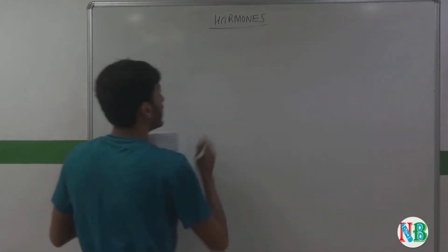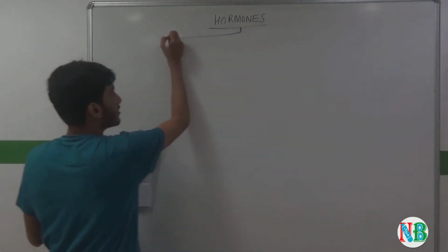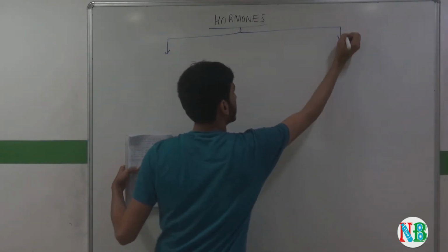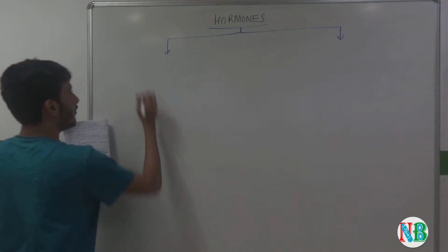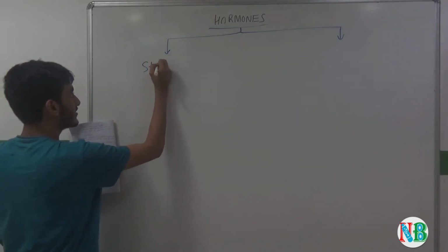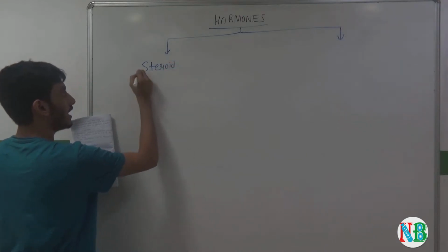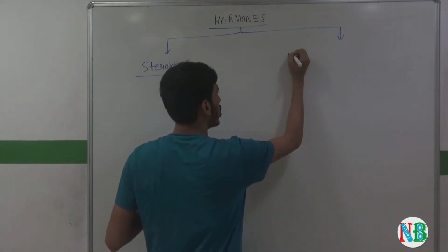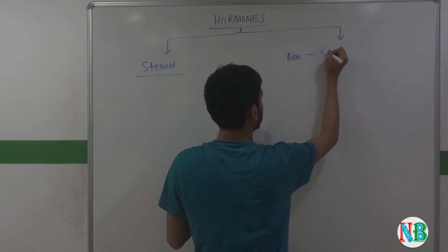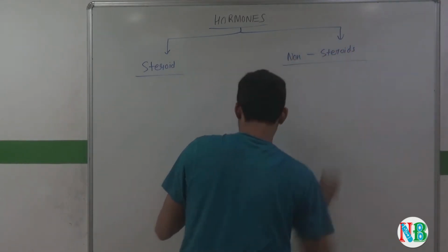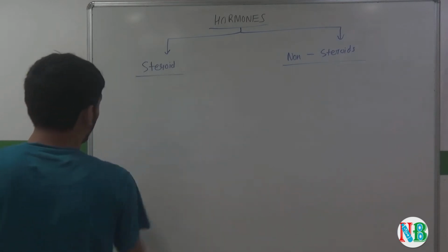Simple. Now the hormones are of two types. The first type of hormones are called steroids. The second type is non-steroids. So what is this?